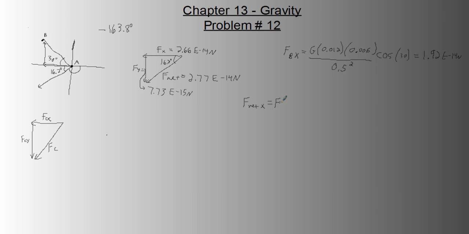That's going to be FBX plus, as I discussed, FCX, because again FBX is less than the net, so they have to add together.